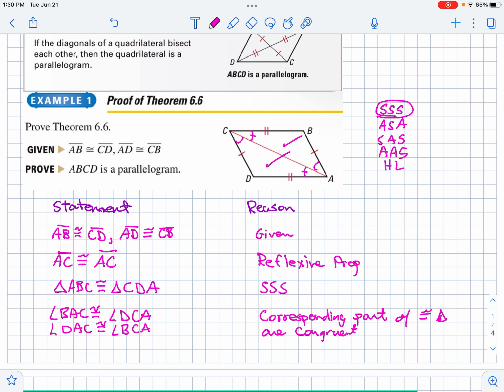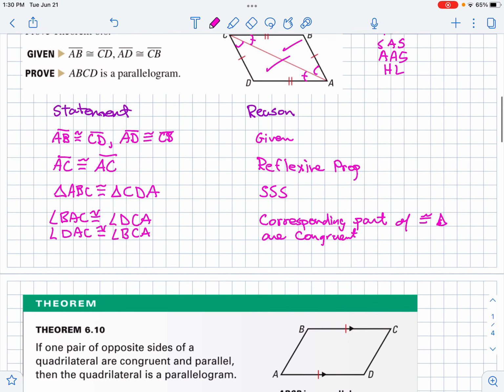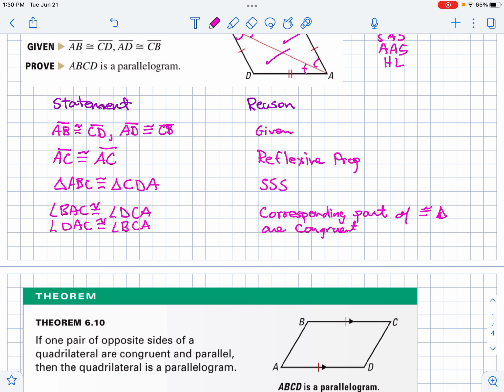Writing takes so long. Now, as a result of that, we know that AB is congruent to CD, and we also know that AD is parallel to CB, I'm sorry, parallel, not congruent.